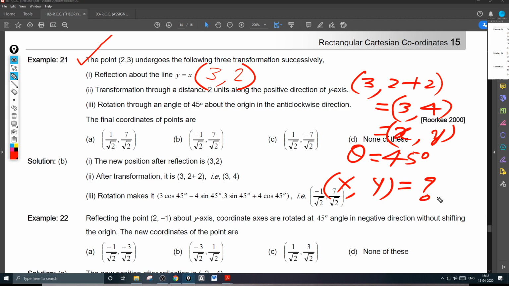Everything is done here. Do you understand all this, Arun?